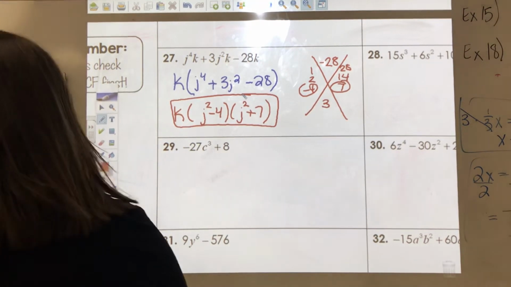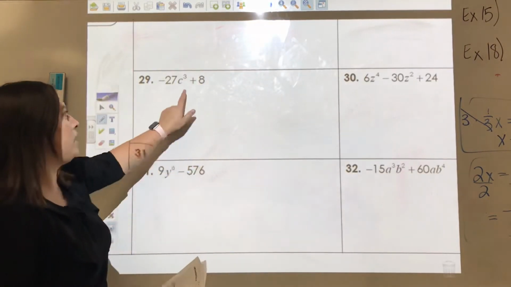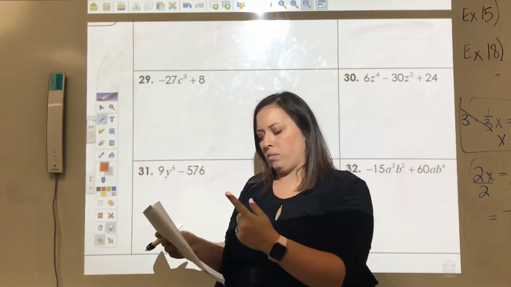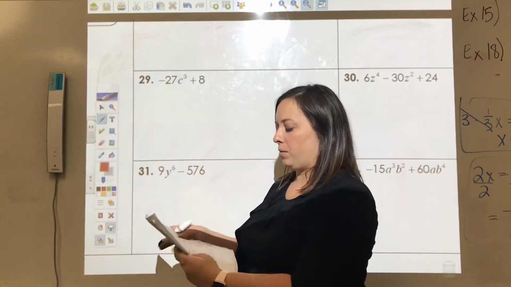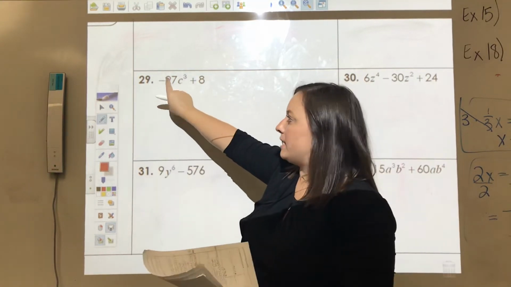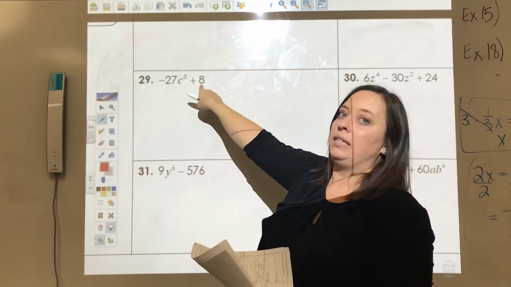All right, let's go and do number 29. We've got a c cubed in 2 terms. So right away you should think it's probably a cube. So it's probably either going to be sum of cubes or difference of cubes. Is 27 a perfect cube? Mm-hmm. Is 8 a perfect cube? Yes.